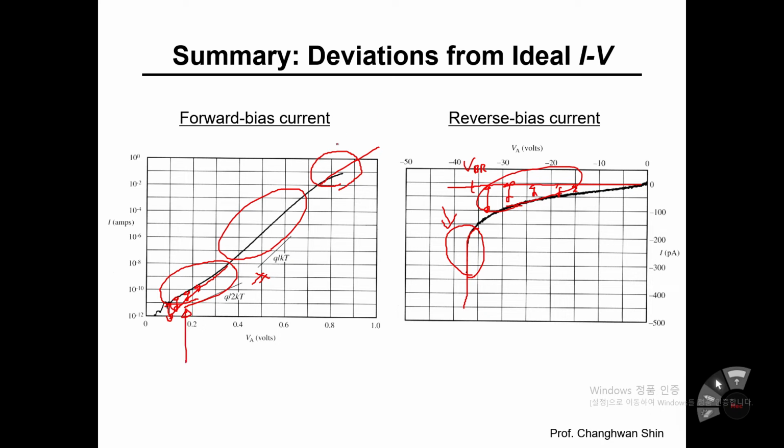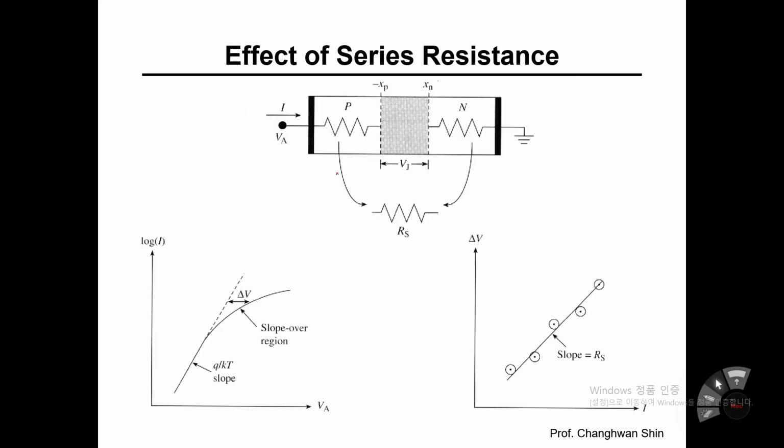Now the thing left behind is this: how come the exponentially increasing current cannot be expected anymore at very high forward bias regime? To explain those non-ideal factors, we should take into account the series resistance when analyzing the current versus voltage characteristic across a PN junction diode.